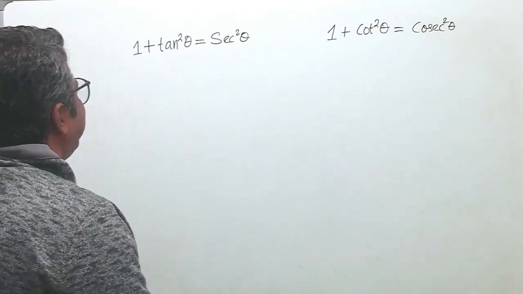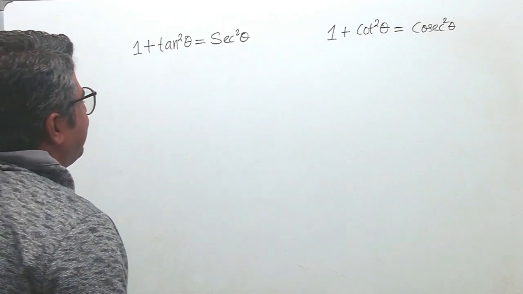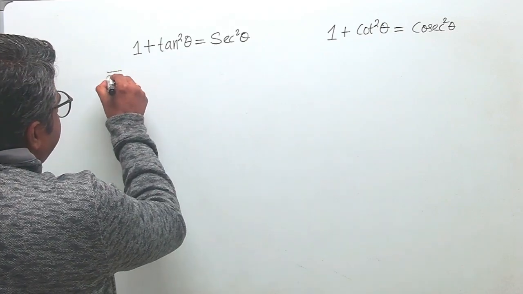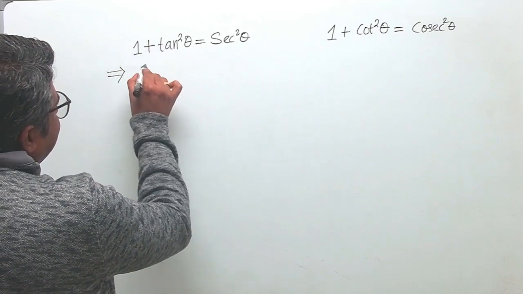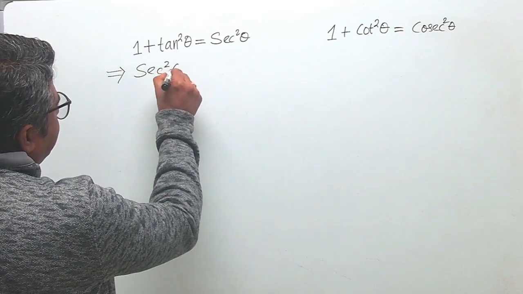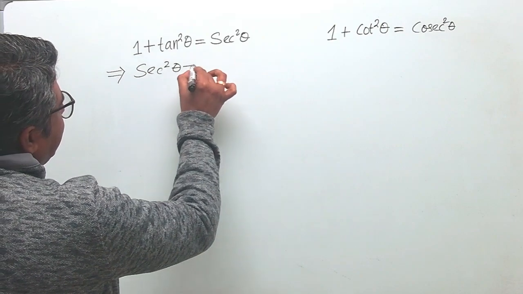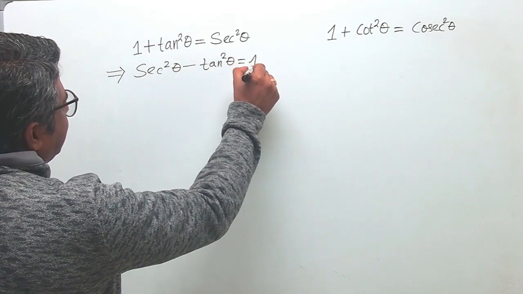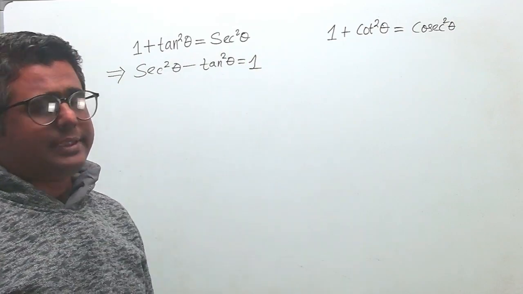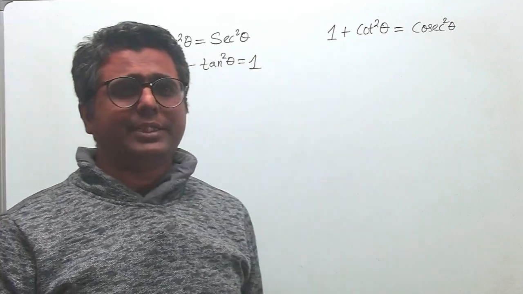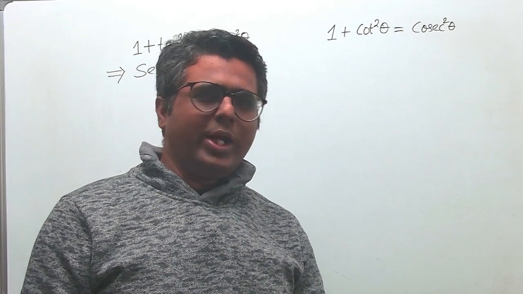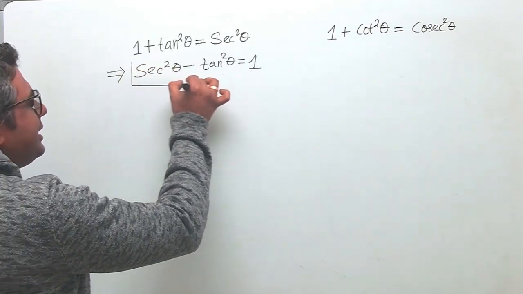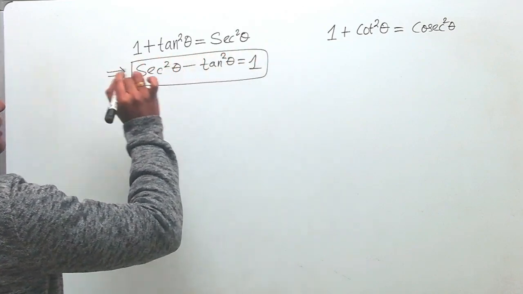Okay. So, now what will I do with this one? I will first show you one thing. You can also write this like this, you can try it out: sec square theta minus tan square theta is equal to 1. Many a time this part is given in the problem.